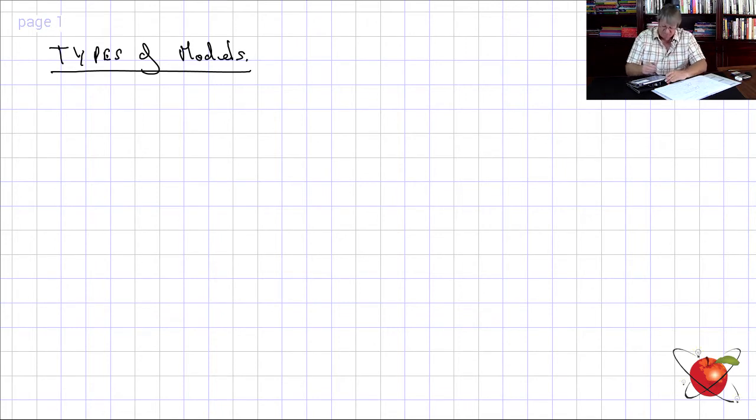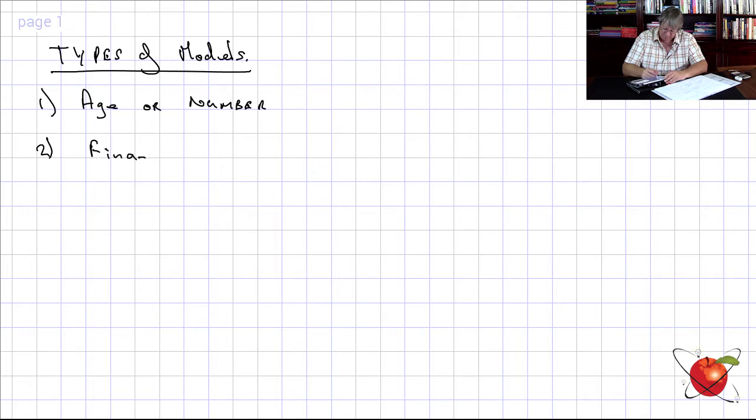First of all, we get the age or number. Number 2, we get financial. Number 3, we get speed. And we get area and volume.